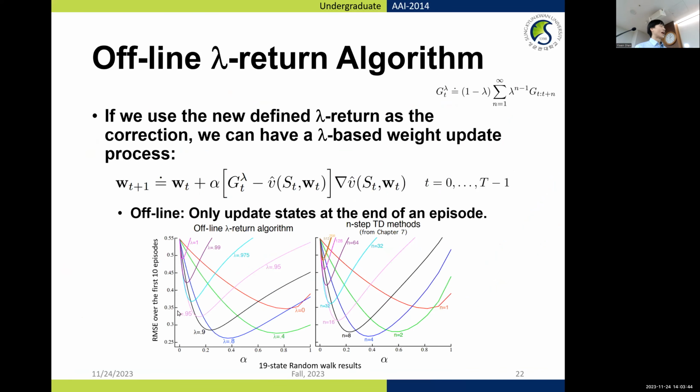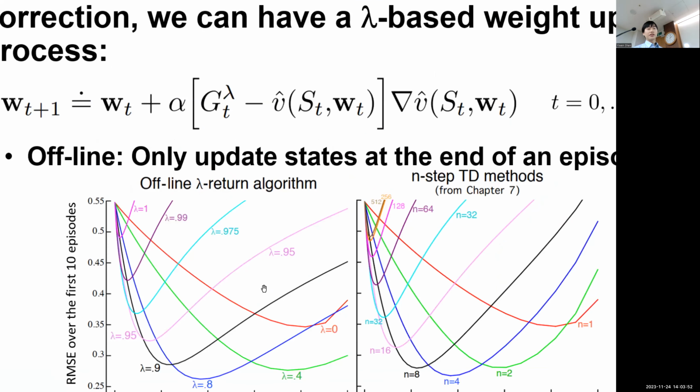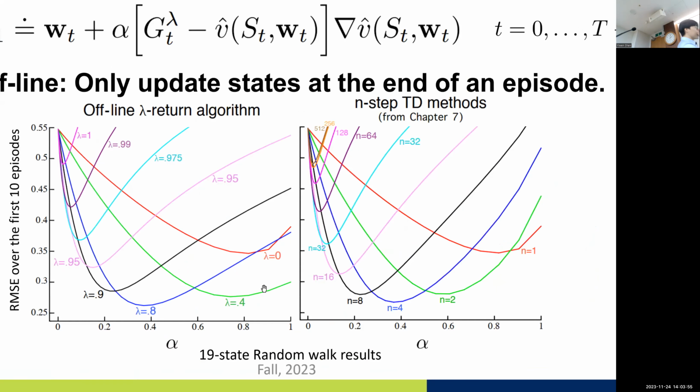So this is one indication from this graph. As I mentioned, this performance comparison shows the first merit, or advantage, or strong point of the lambda return.